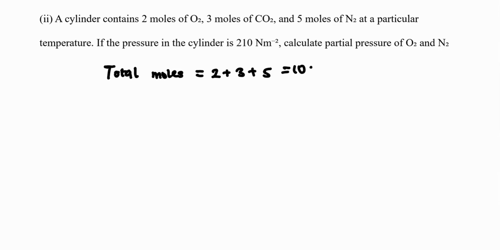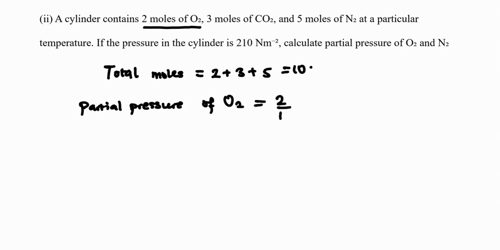So the partial pressure of oxygen, as given in the question here, is 2 moles. So it will be 2 divided by 10 times the pressure of the cylinder, which will give us 42 newtons per meter square.